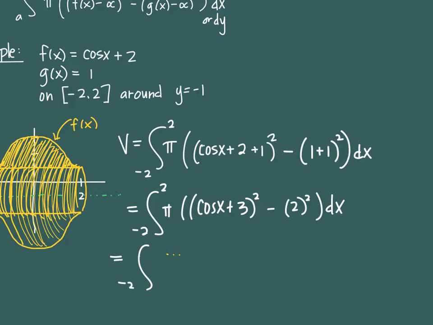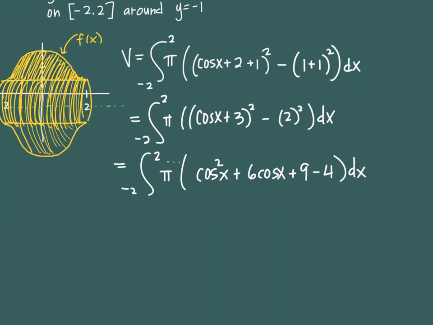And so then we're looking at cosine of x plus 3 squared is cosine squared of x plus 6 cosine of x plus 9 minus 4.